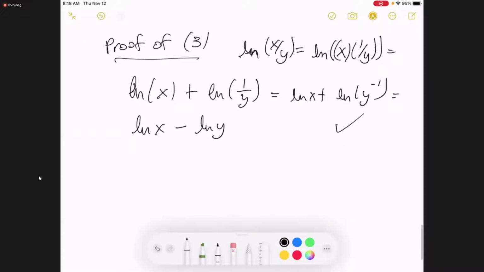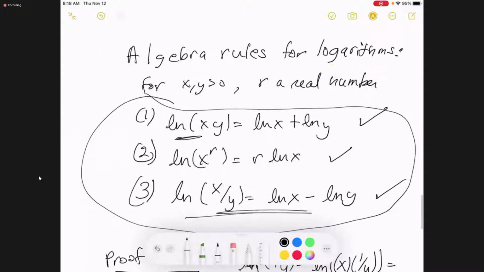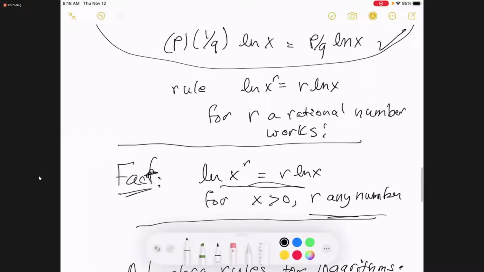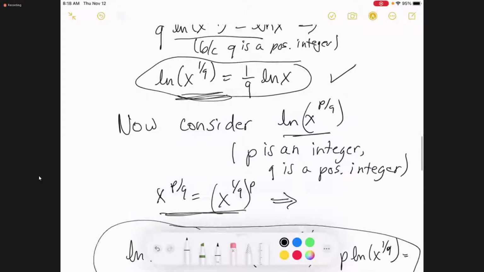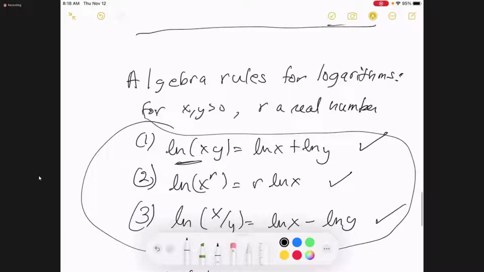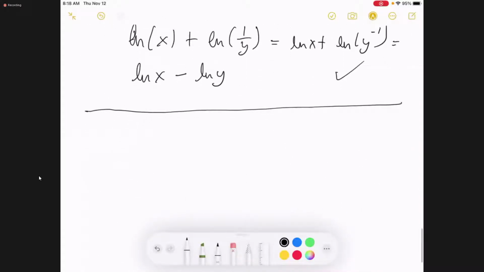All right. So we've got these algebra rules proved. I was trying to do this yesterday before I did the algebra rules, and I actually need the algebra rules to do it. I'm going to show you that. ln of 1 is 0. ln is negative for the numbers between 0 and 1, positive for numbers greater than 1.